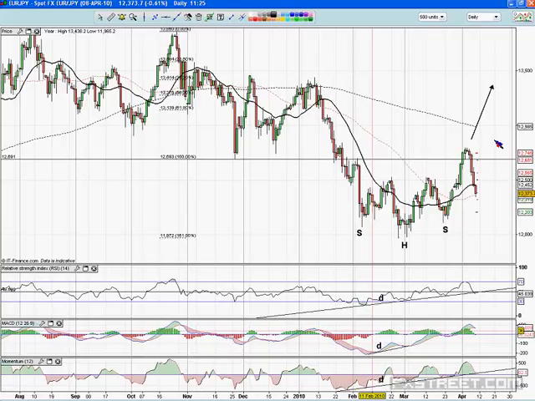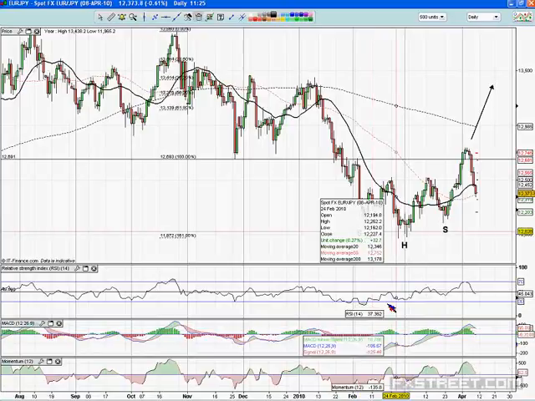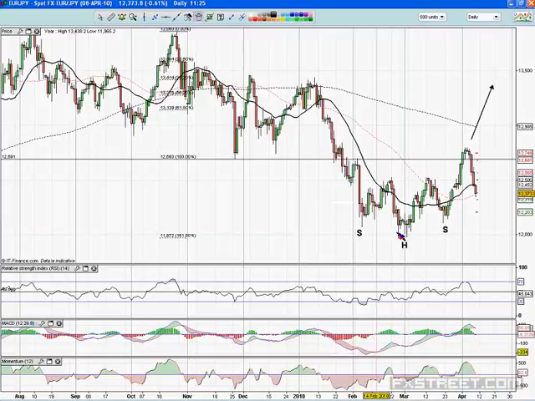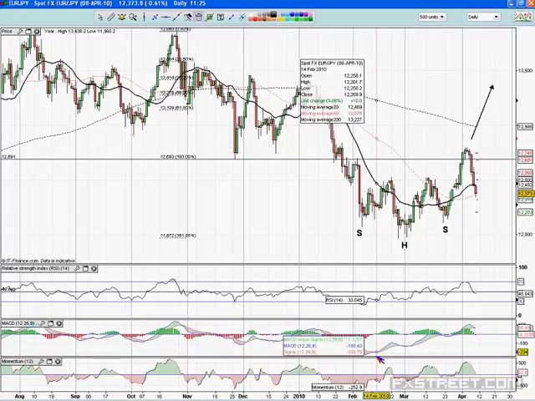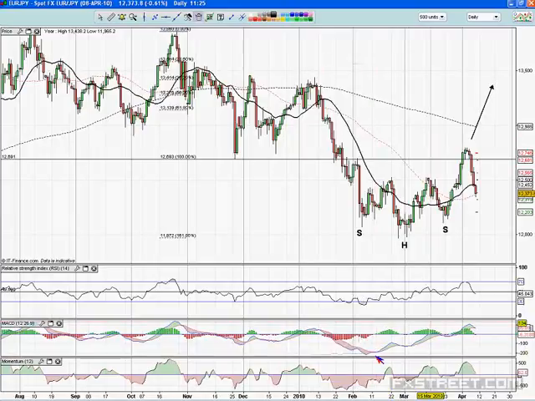Okay, so we've moved higher. Let's just get rid of this divergence line. We did have divergence at the low here, or this second low. And then we pushed higher. Draw trend lines anyway, and you'll see where we're at.